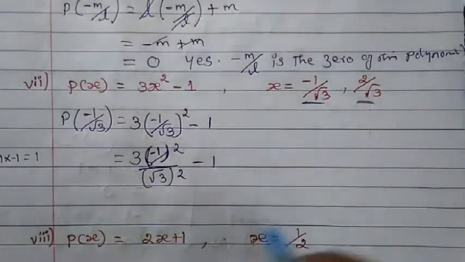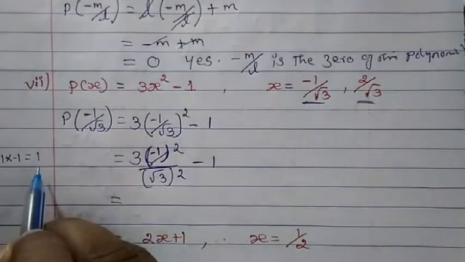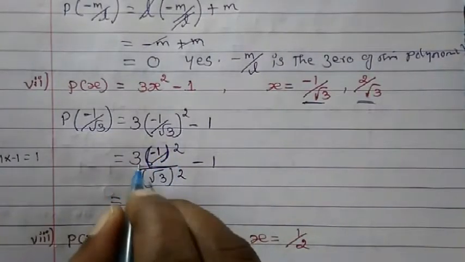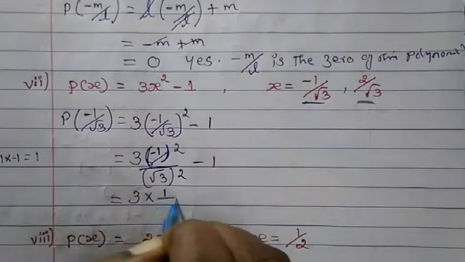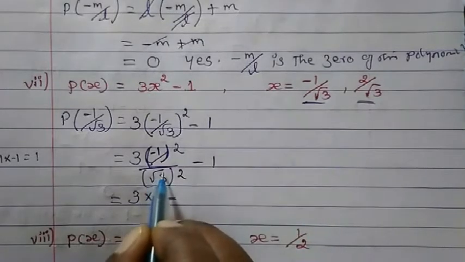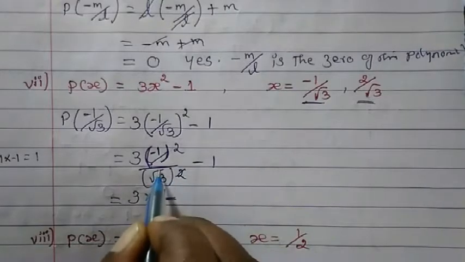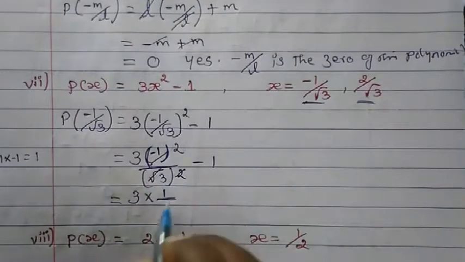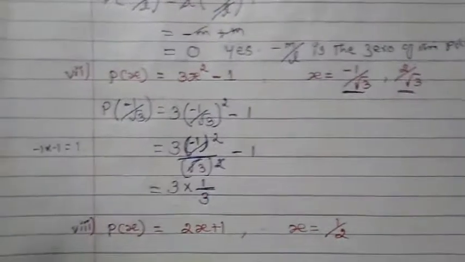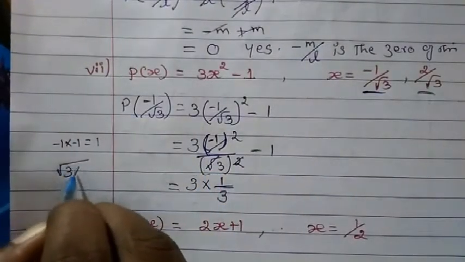Then minus 1. Now minus 1 square: minus 1 into minus 1 we will get plus 1. So it will become plus 1. Let's write down this 3. When root is there and square is there, they get cancelled. When you cancel the square, the root also gets cancelled. You can also write root 3 square like that.